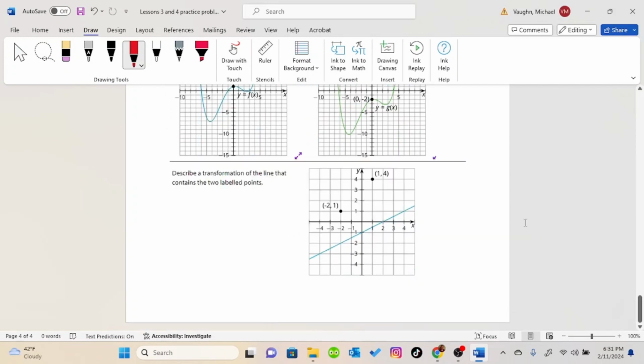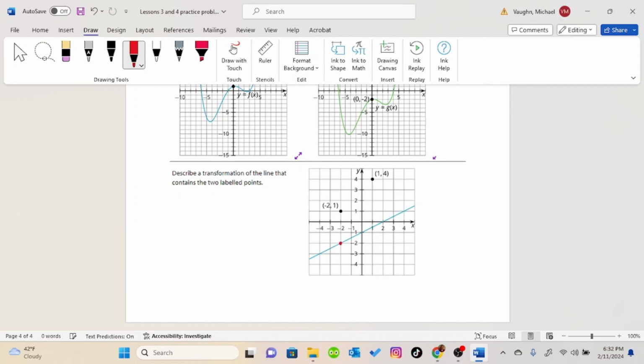This is our last practice problem for lessons 3 and 4. Describe a transformation of the line that contains the two labeled points. So we have talked about a couple of different ways to transform a graph. We have talked about shifting up.